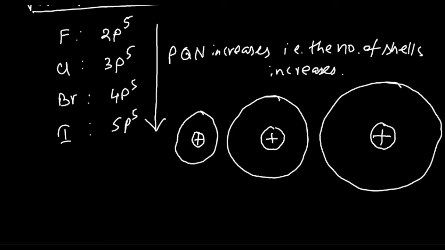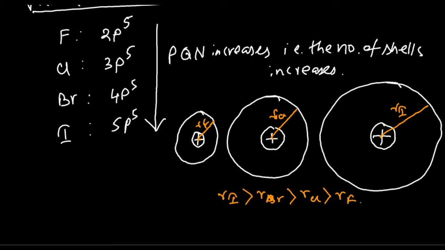So what we can observe from here is the distance from the center of the nucleus to the outermost shell gradually increases. If this is the radius of iodine and this is the radius of fluorine, then we can easily say that the radius of iodine is highest, followed by bromine, then chlorine, and then fluorine.